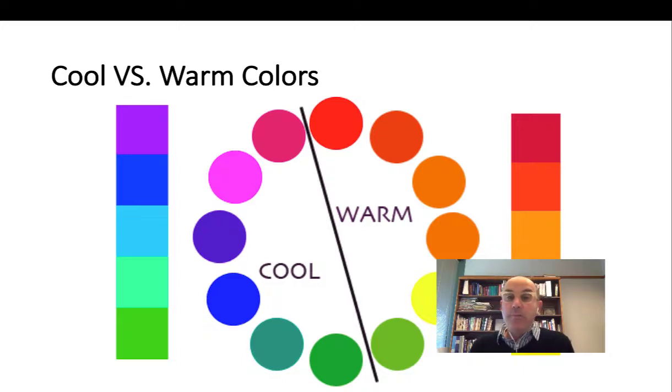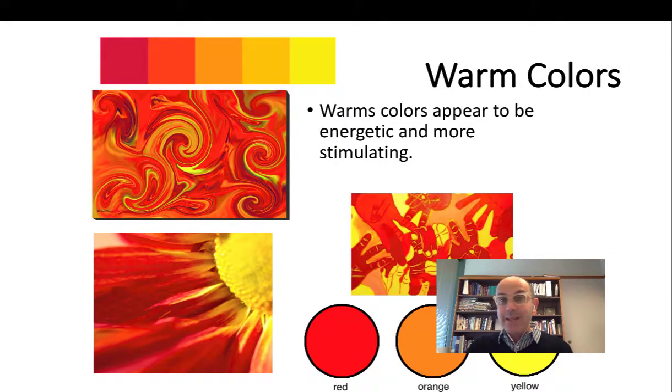Compared to my friend in Denmark, which is considered to be a cold country, who uses cold colors. So the difference is the pattern or the schema of colors that are often used. So this is the idea of cold versus warm colors, and how we apply that.